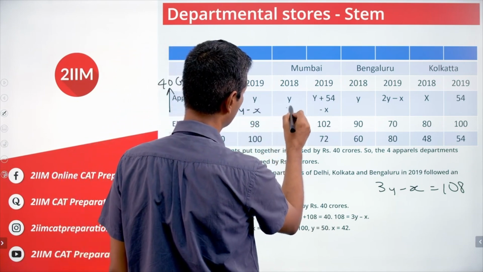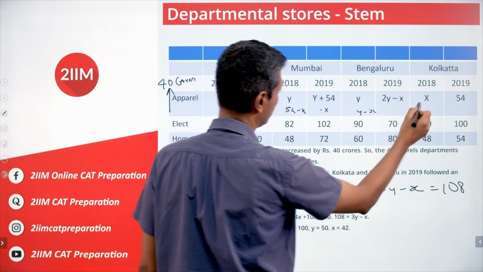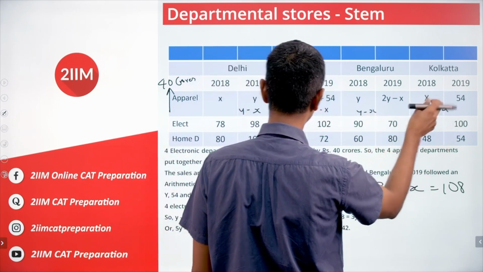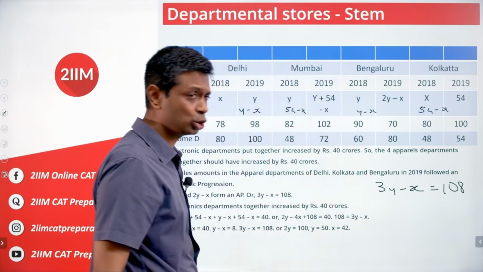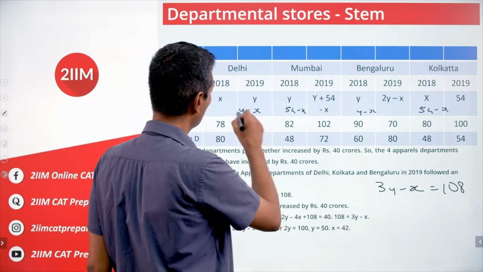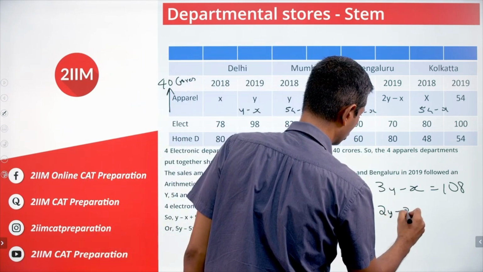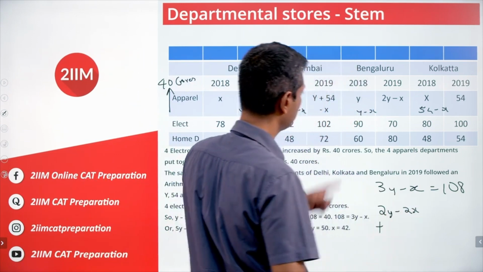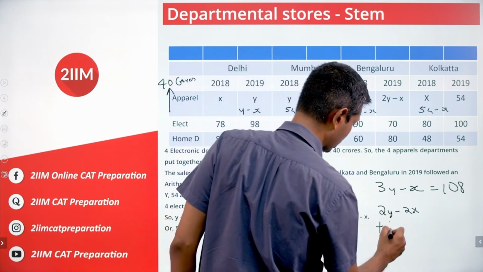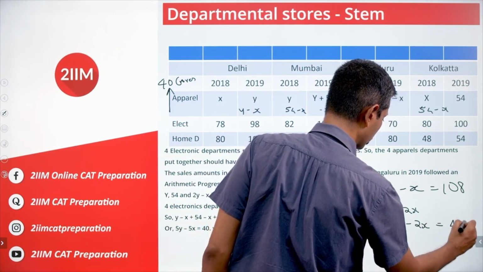Here it is 54 minus X. Here this is Y minus X. Here this is 54 minus X. We already know these two are equal. The total increase is 40, or Y minus X plus Y minus X, plus 54 minus X plus 54 minus X. 2Y minus 2X plus 108 minus 2X equals 40.